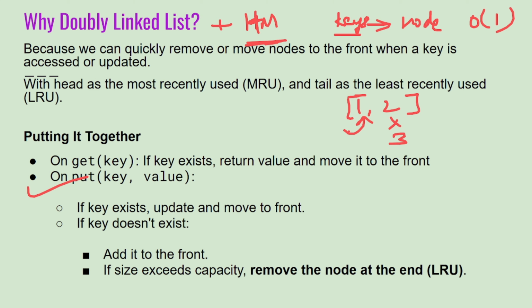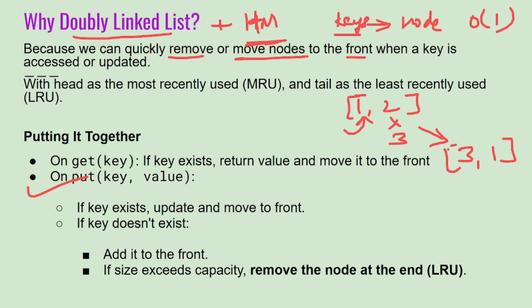This usage tracking, the HashMap will not contain. Who will contain it? The doubly linked list. That is why I'm saying, because we can quickly remove and move nodes to the front. As you can see, if we now add 3, in this case 3 will come to the front and 1 will go here.